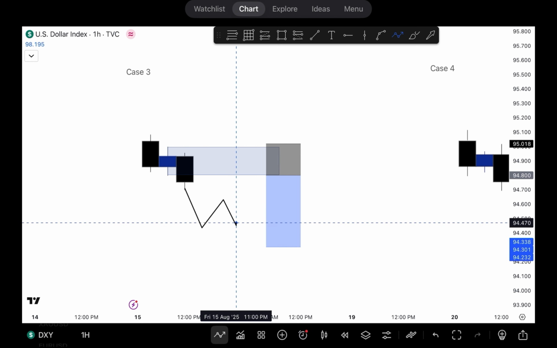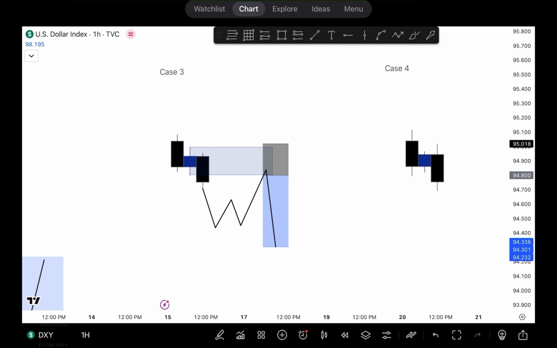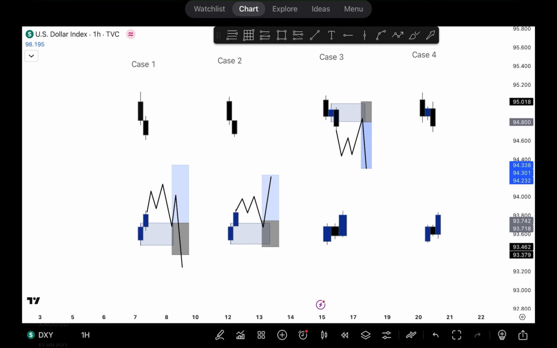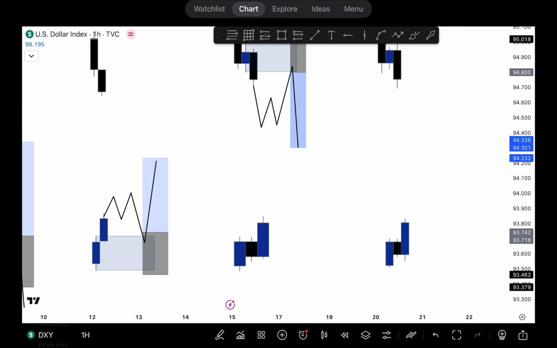And of course, price will most likely respect it. Boom. So the same thing for the bullish scenario. If you look at it, this particular bearish candle was not violated at all.